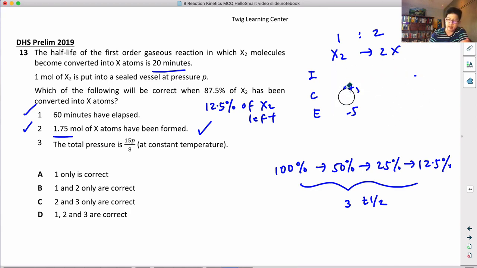It's actually the same thing, they just change it to pressure. So this is P for the sealed vessel, for 1 mole of X2, and 0.